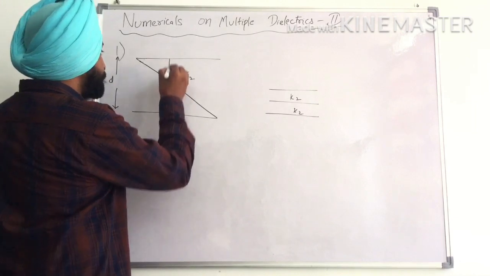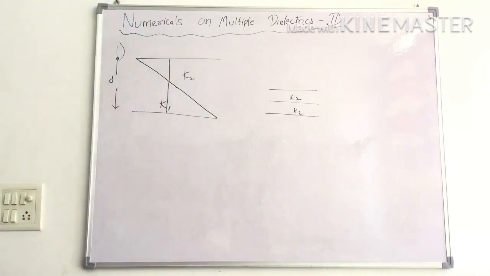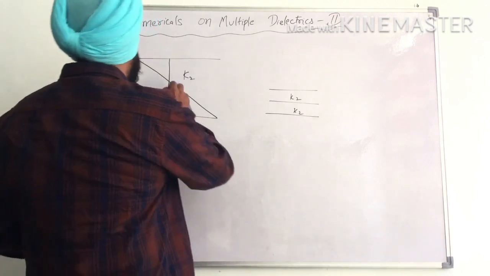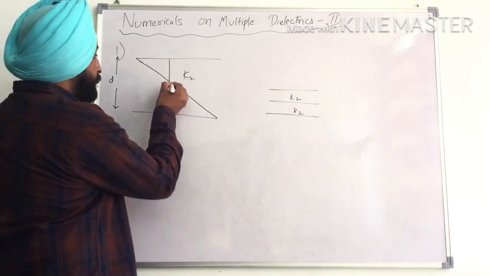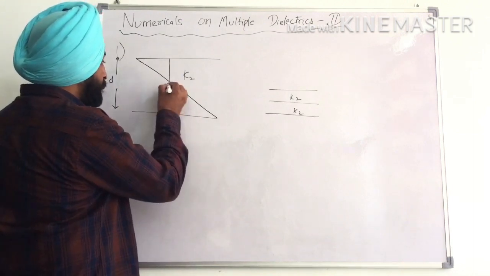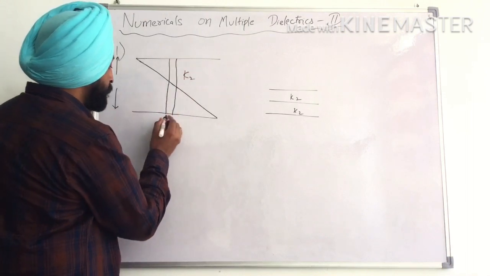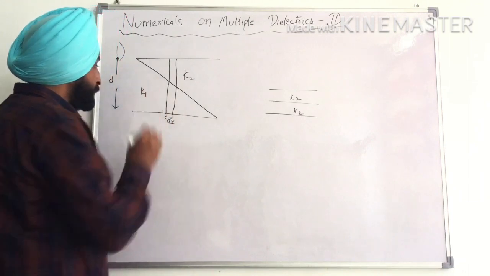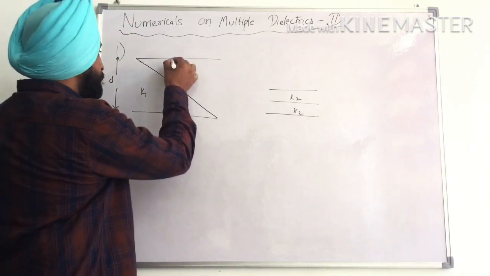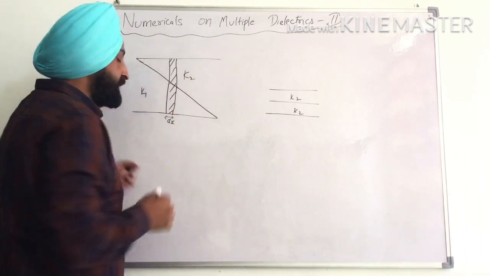Let us take a very small area of thickness dx. So I am taking a very small area whose thickness is dx.